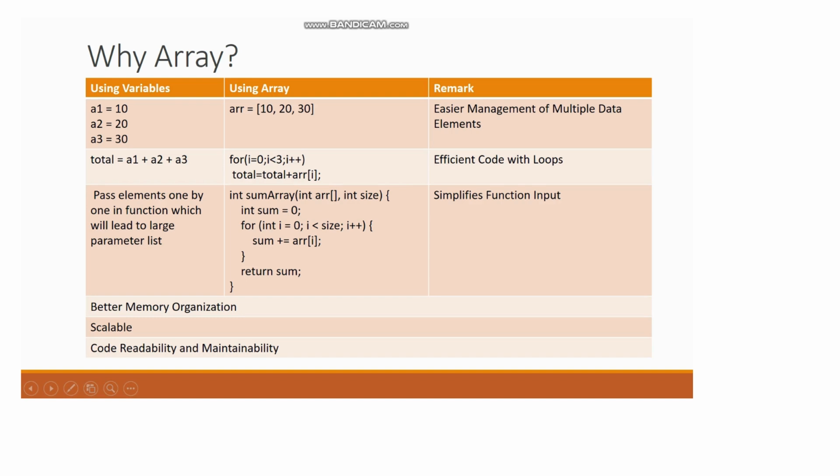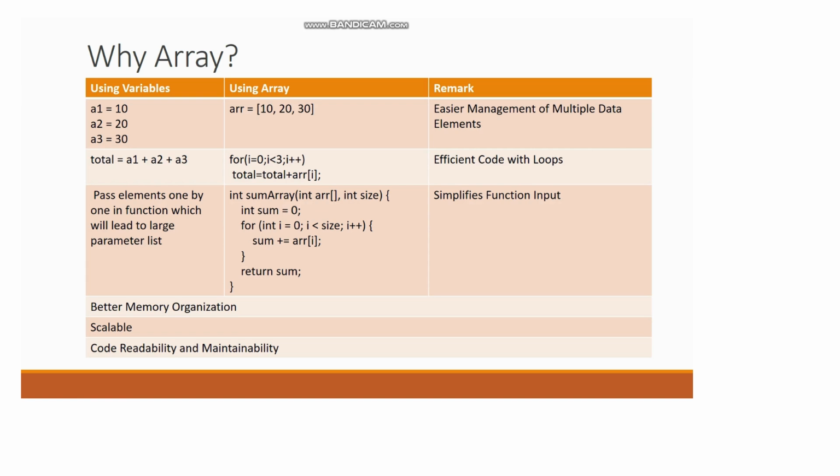That means here I have declared three different variables to store different values, that is 10, 20 and 30. If you observe, 10, 20, 30 are all integers. That means all the data is of similar data type. All three are of integer type.